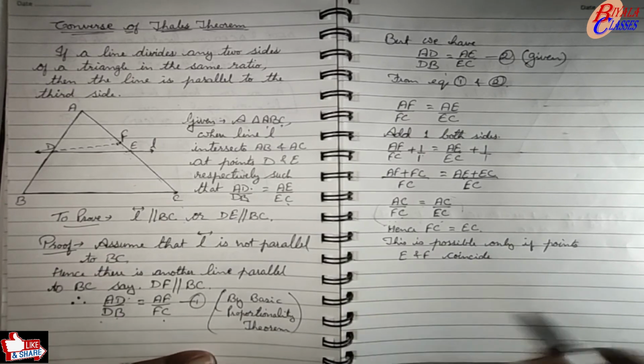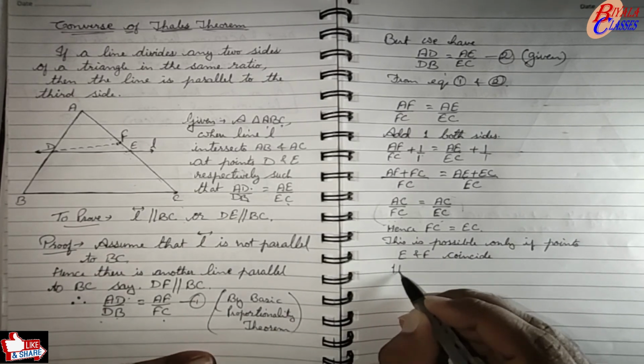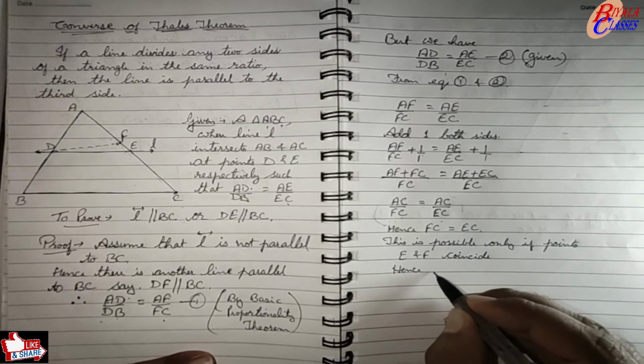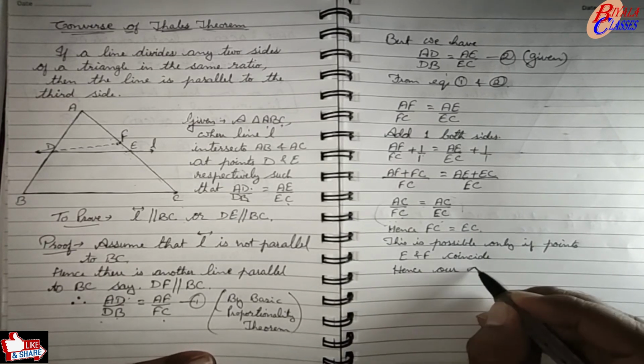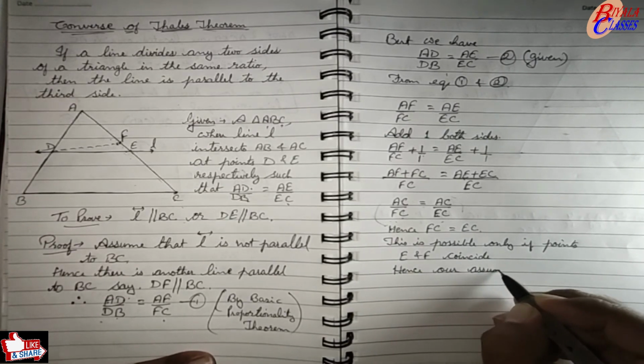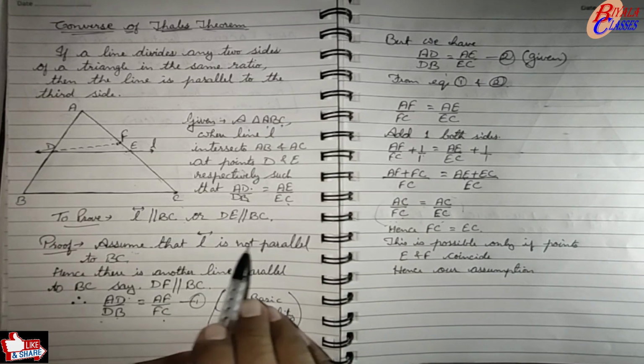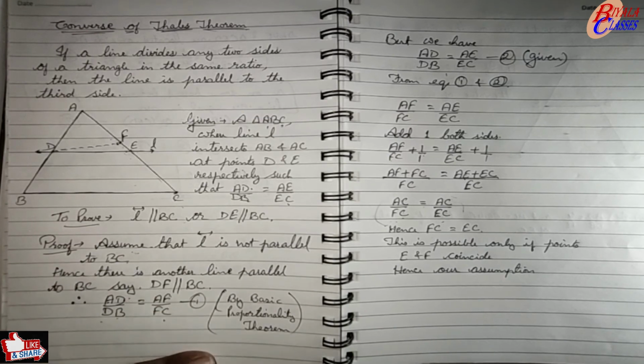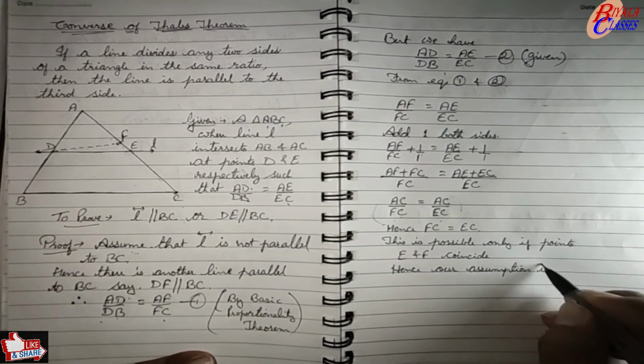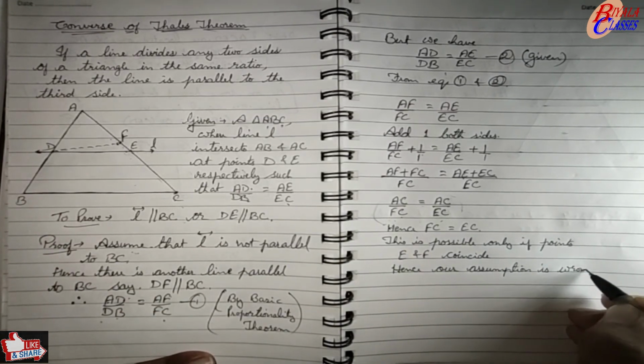So if these two are to coincide, then we say that hence our assumption, what was the assumption? The assumption said that L is not parallel to BC. So our assumption is considered to be wrong.